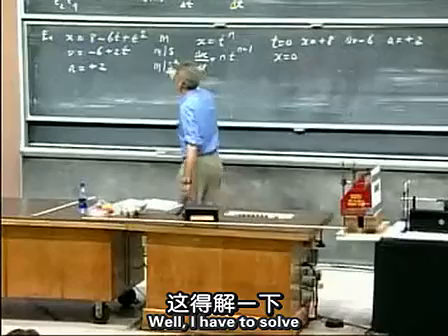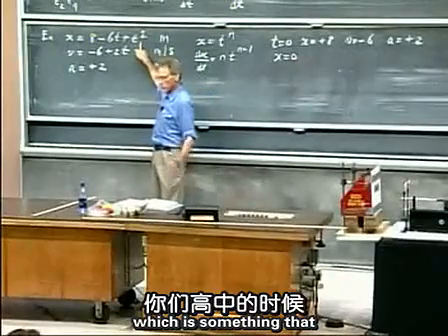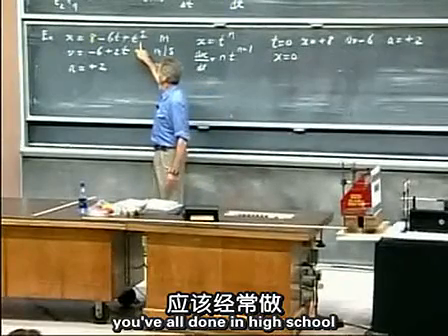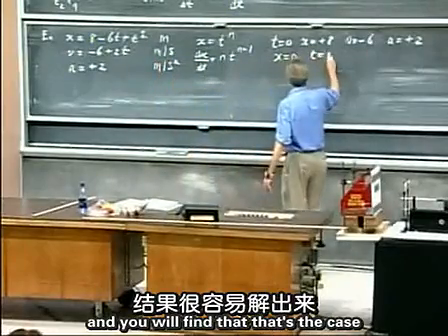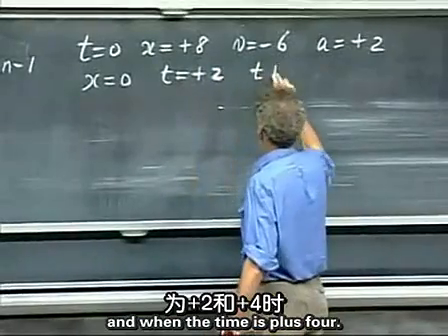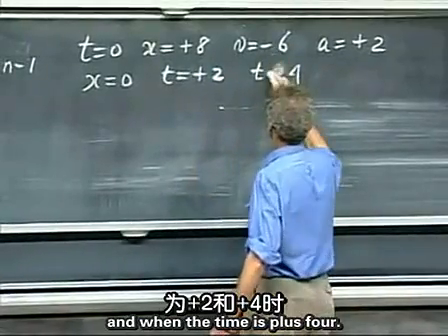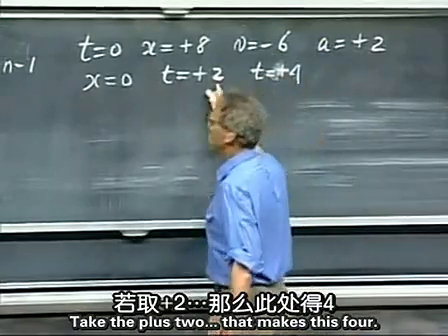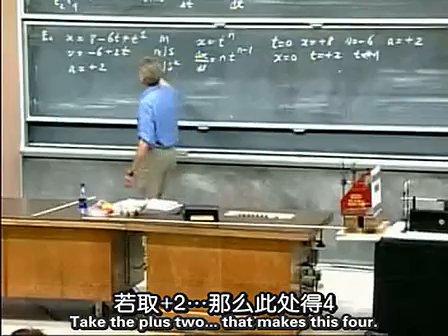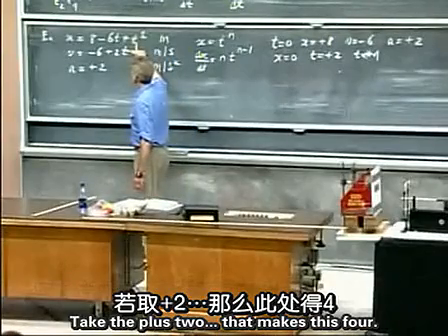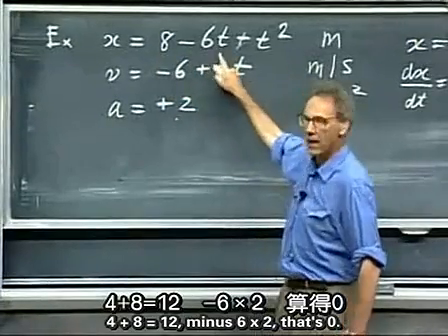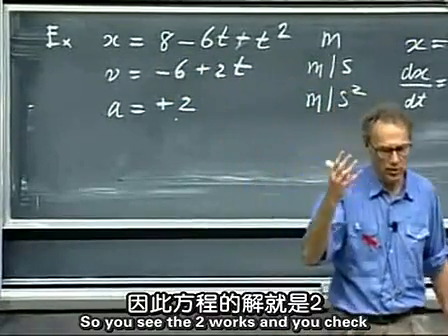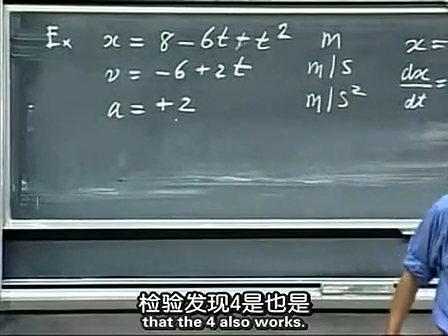Well, I have to solve this second order equation, which is something that you've all done in high school, and you will find that that's the case when the time is plus 2 and when the time is plus 4. Take the plus 2, that makes this 4. 4 plus 8 is 12, minus 6 times 2, that's 0. So you see the 2 works, and you can check that the 4 also works.